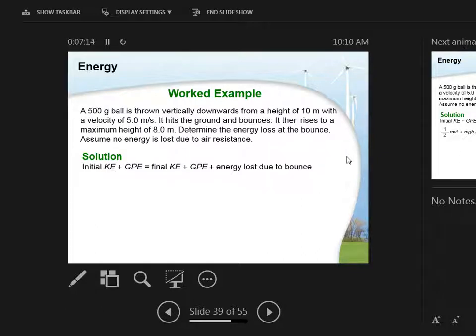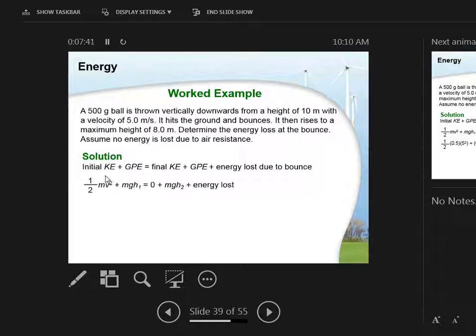Okay, so our initial kinetic energy plus initial gravitational potential energy must be equal to the final kinetic energy, final gravitational potential energy plus energy lost. This is still our principle of conservation of energy. So now all we need to do is to just substitute in the correct values.